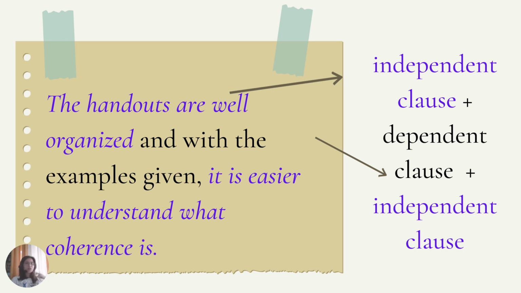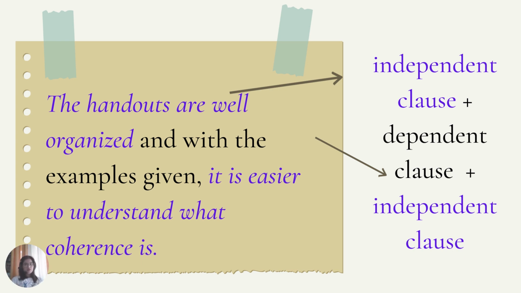So remember punctuation. Another error here is that there is no punctuation. There is no comma. The coordinating conjunction is not enough. We need a comma. So again, either a comma is not enough or the coordinating conjunction is not enough.